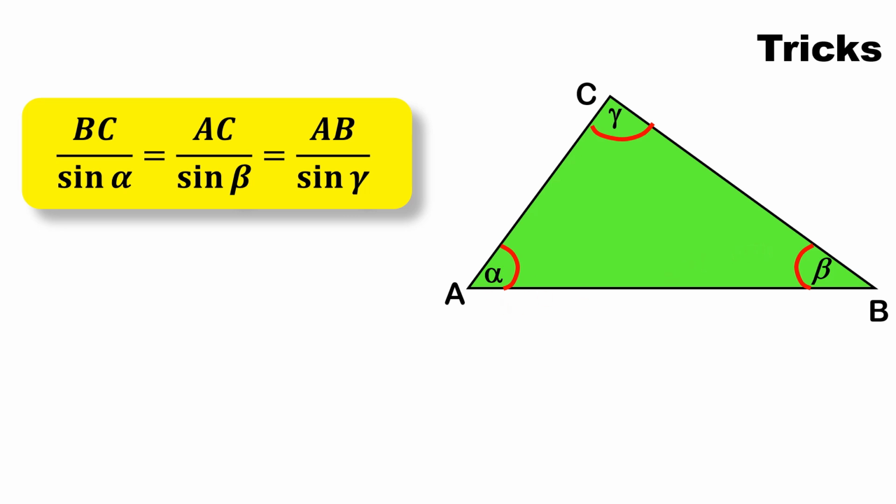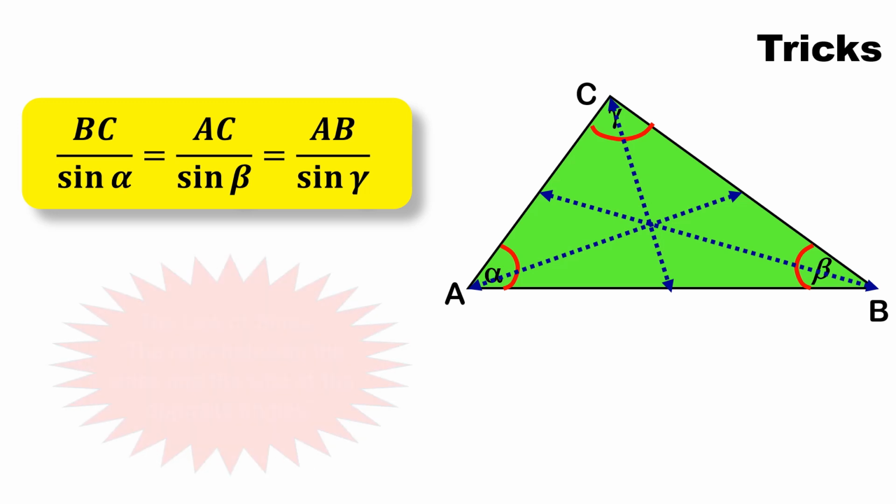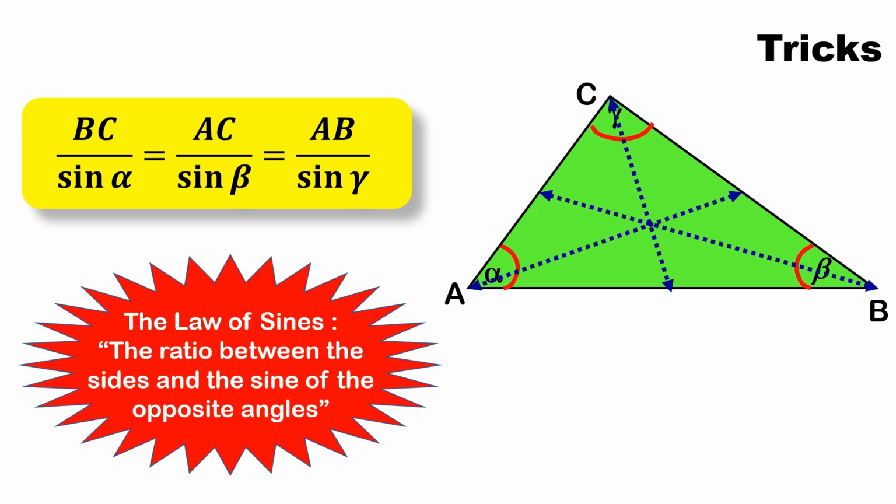The angle alpha is opposite to side BC. The angle beta is opposite the side AC. And the angle gamma is opposite the side AB. So, the law of sines can be stated as the ratio between the side and the sine of the angle opposite each other. That's the trick.